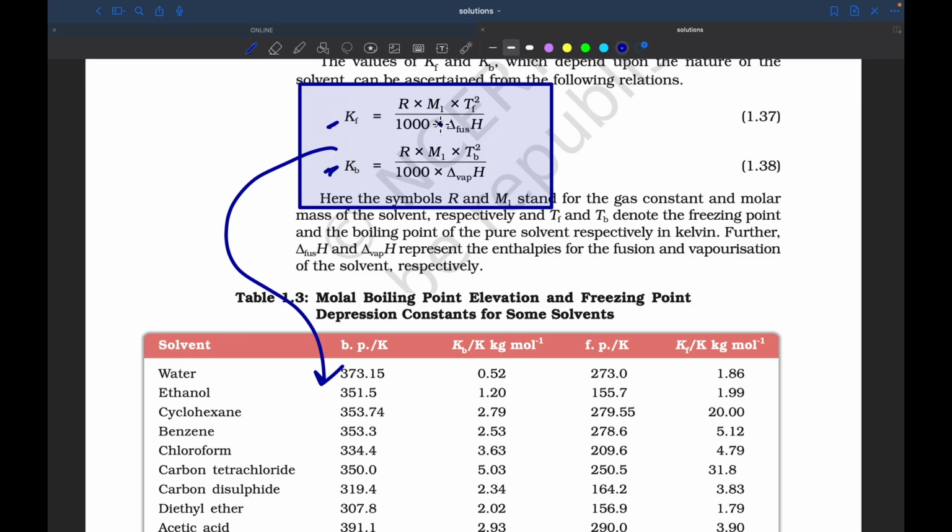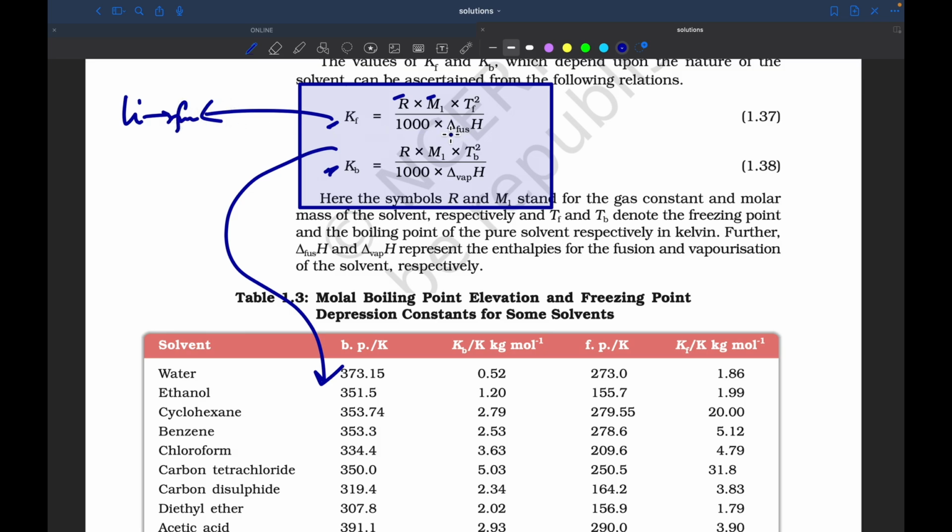Let us see what the terms involved in it are. So Kf equals R into M1, where M1 is the molar mass of the solvent, into Tf, the freezing point, squared, divided by 1000 into delta H fusion. Why? Because in the freezing case the liquid is going to fuse into solid, right?